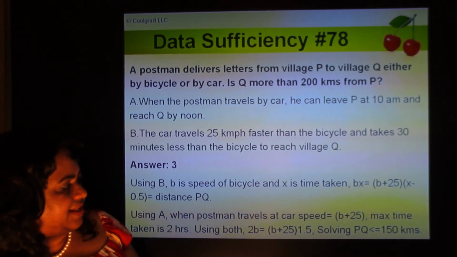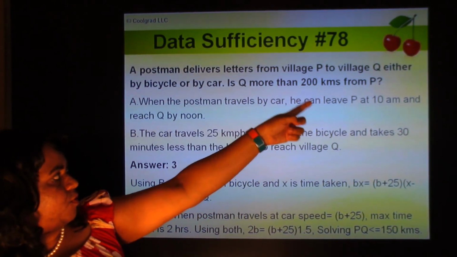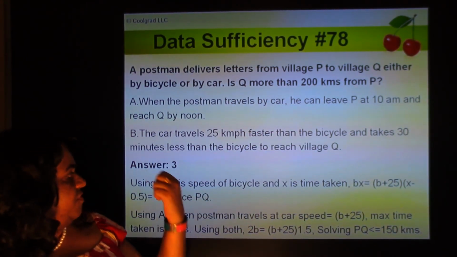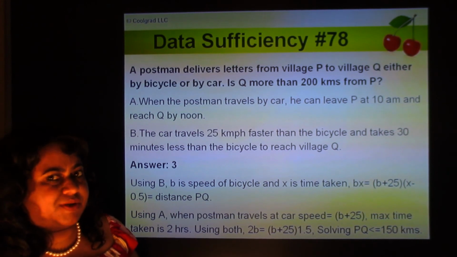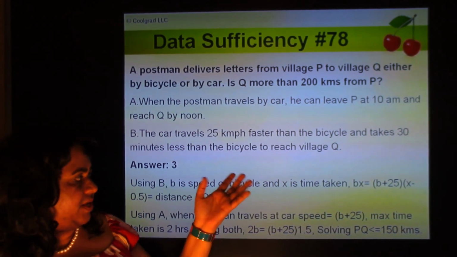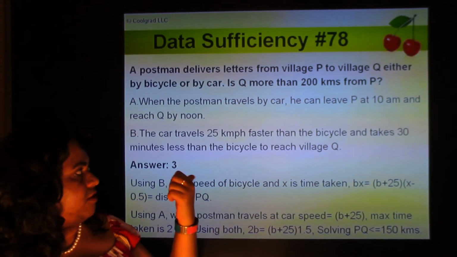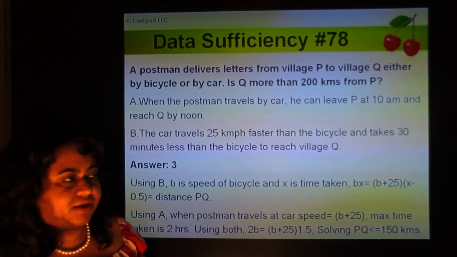Solving, you get that the distance PQ is less than or equal to 150 kilometers. And so we can answer the question. It's not more than 200 kilometers. So we need both statements to answer this question. My point is we can't solve it using either one, but you can use both statements together. So we pick option 3.